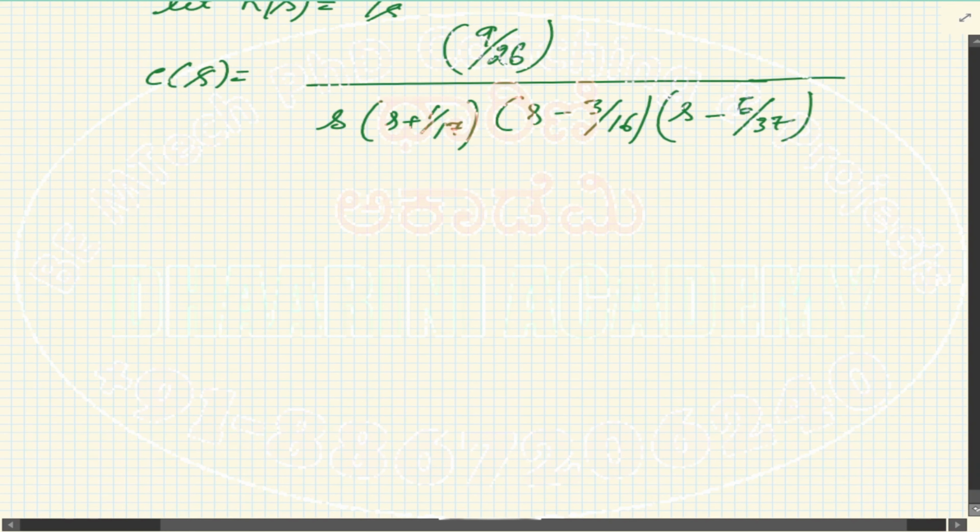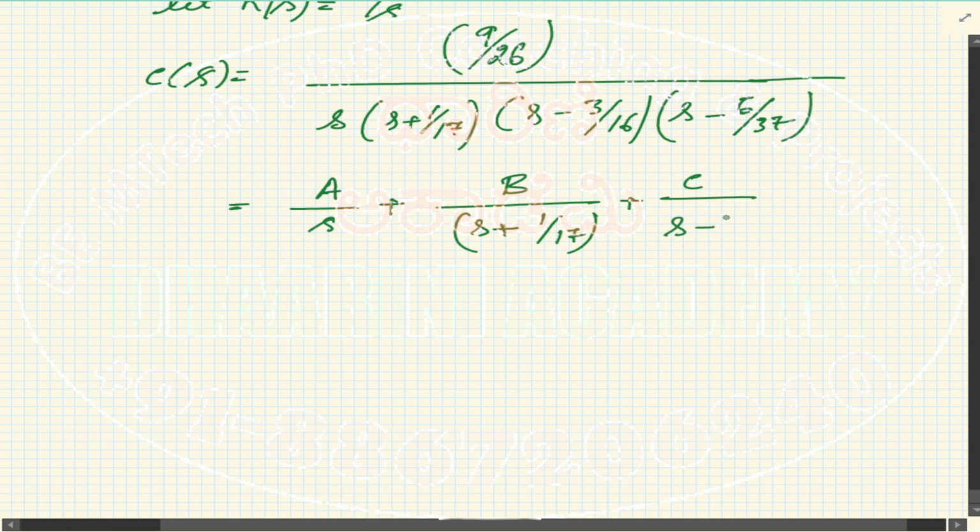Alright, so considering this, now we can split this as A over s plus B over s plus 1 over 17 plus C over s minus 3 over 16 plus D over s minus 6 over 37. Please calculate.